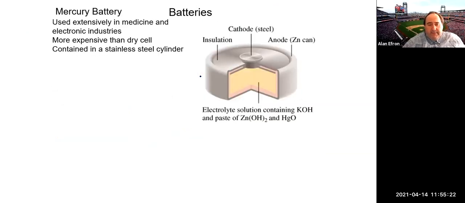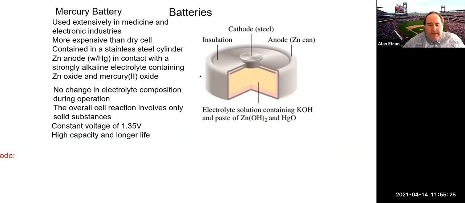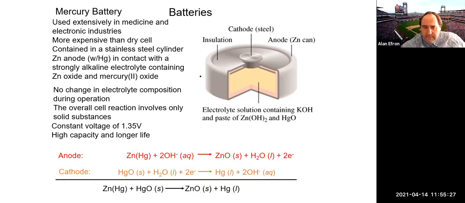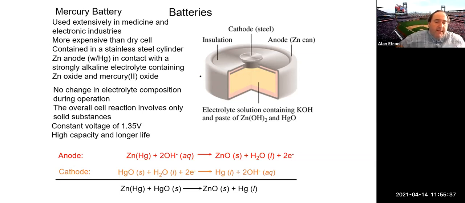Another type of battery is a mercury battery, and it's used a lot in medicine and the electronic industry. It's a little bit more expensive than a dry cell, and it also has a similar setup. It's got our anode, which is again zinc with a little bit of mercury in there, and it's in contact with a really strongly alkaline electrolyte.